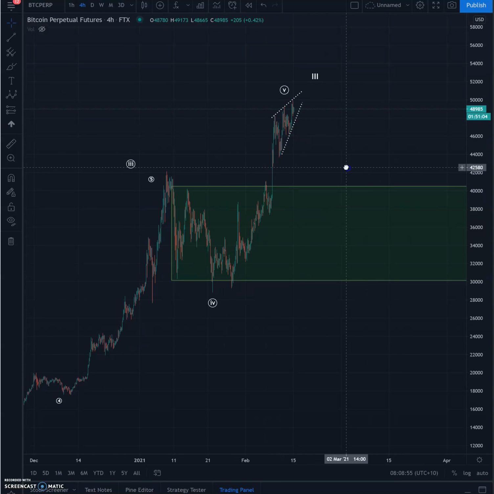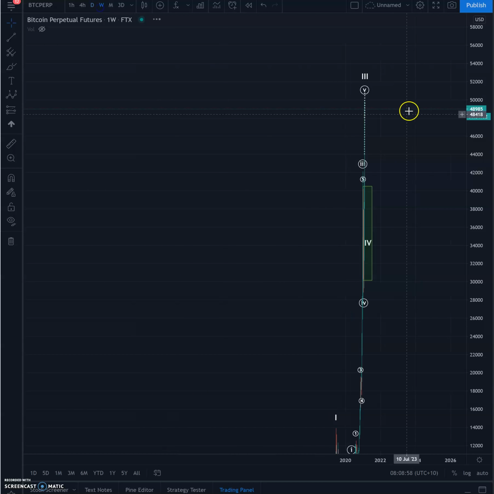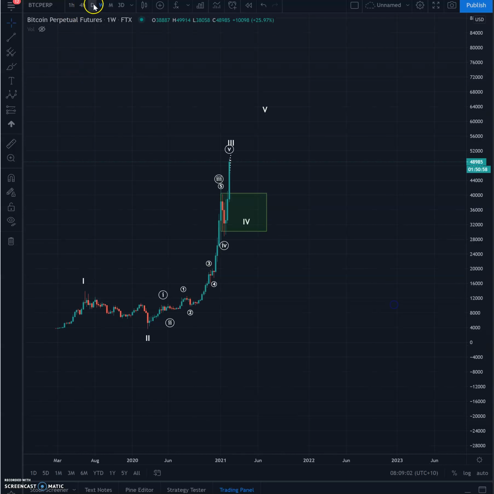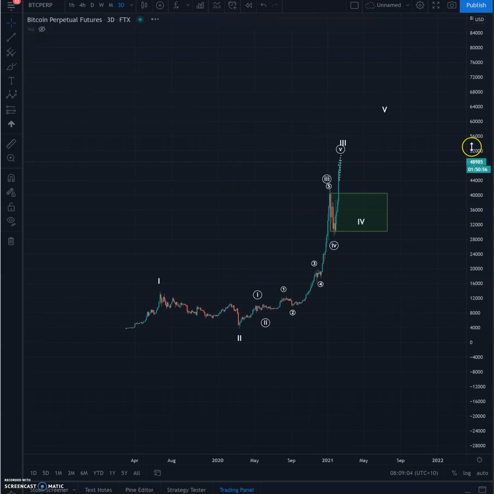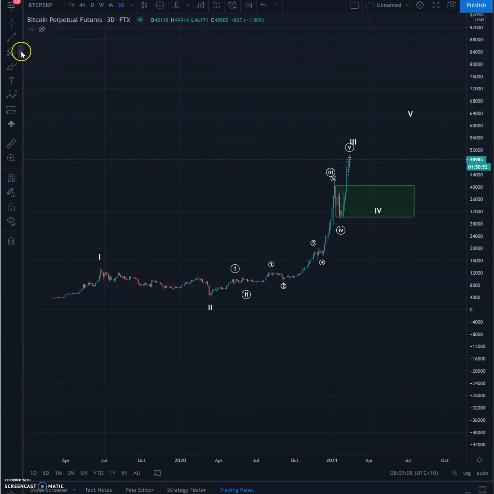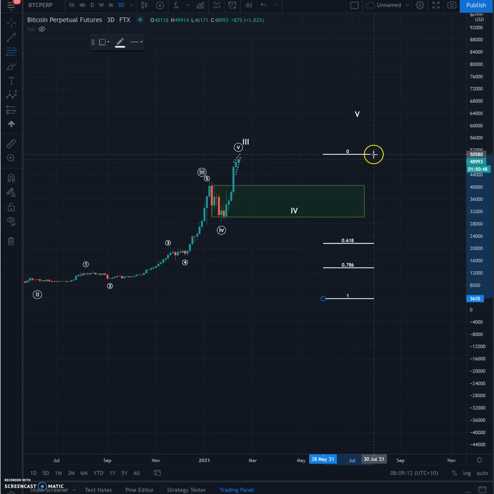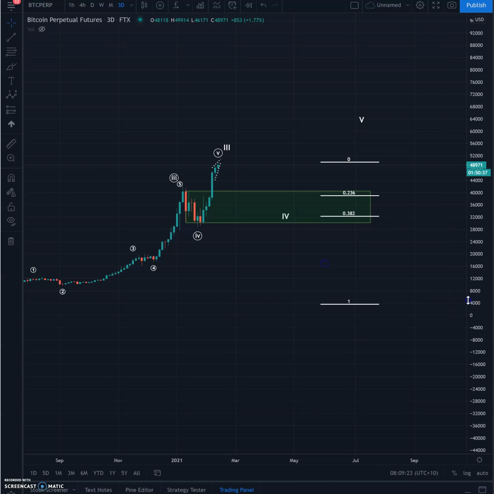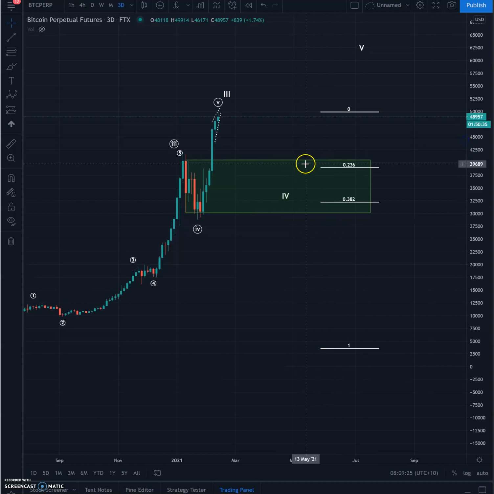Then we head back towards this range. Now I know it's a large range, so we may even get some fibs involved. We know that a wave four likes to go between the 23.6 and the 38.2. If we measure from here all the way up to where we are now, which is 49,950 or so, it's pretty much in line with the box that I've drawn.